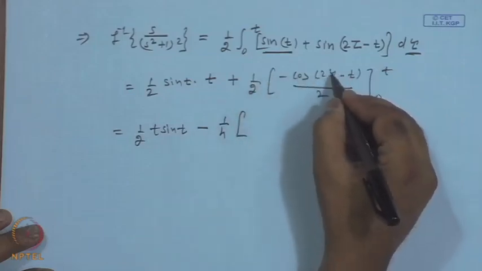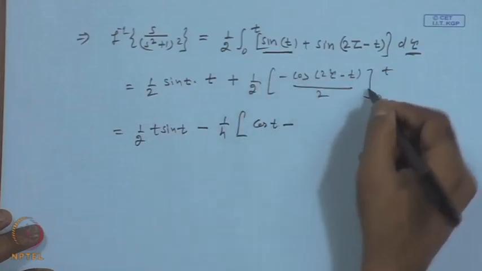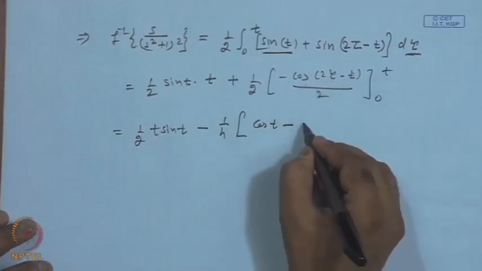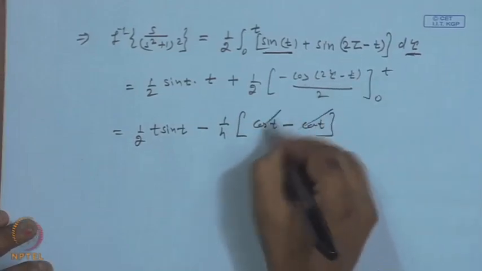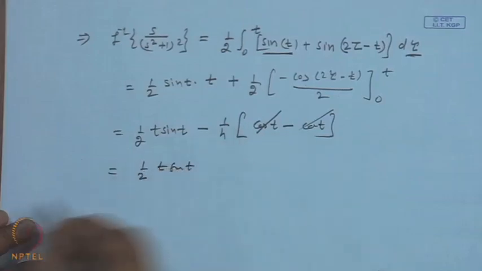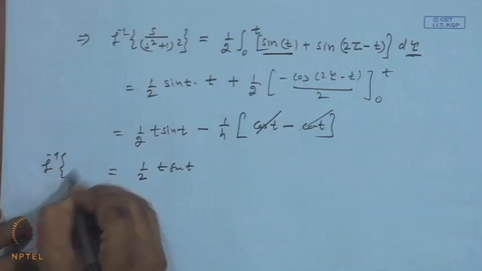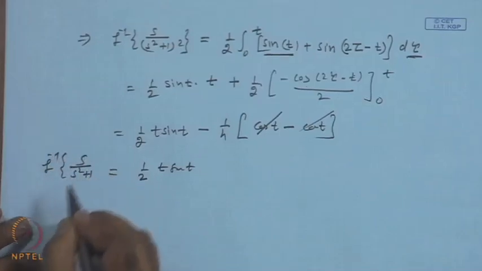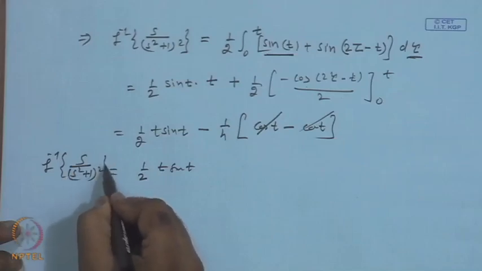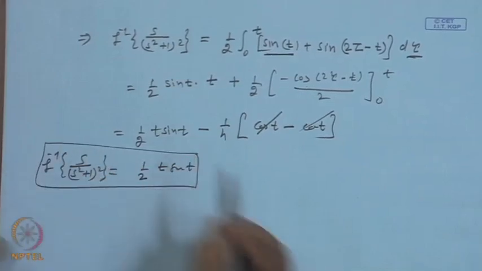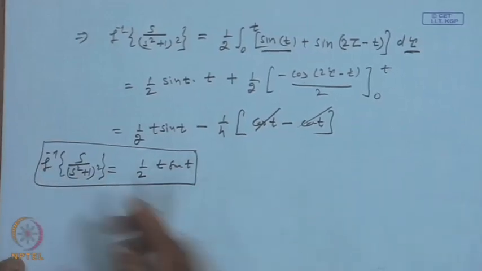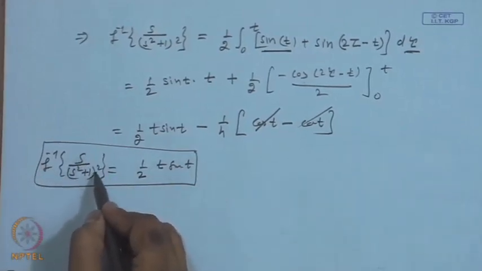When we put this t, we have cos t, and minus when we put tau equal to 0, we have cos(minus t), and that is cos t itself. So, this is simply half t sin t, and this is the Laplace inverse of s over (s square plus 1) whole square. So, with the help of this convolution, we have got the Laplace inverse of s over (s square plus 1) whole square.